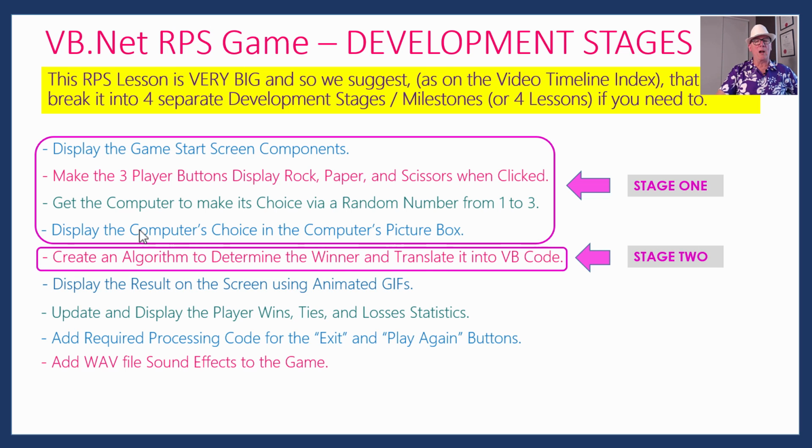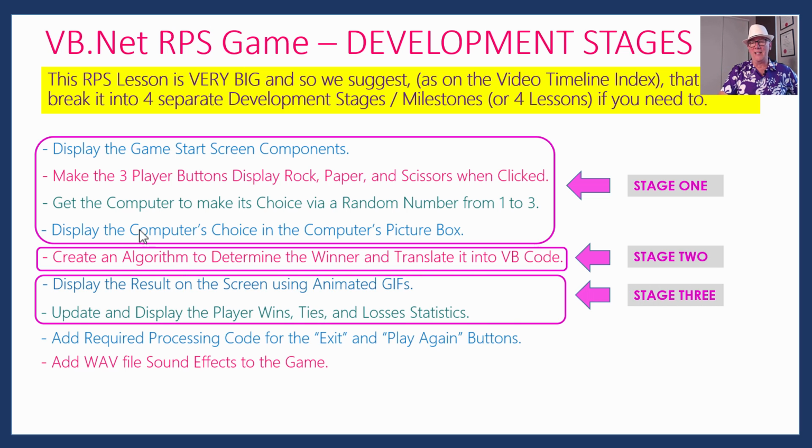Now the next part, creating that algorithm to determine the winner, that's actually quite an involved process, because there's a lot of decision making, a lot of if-else in it to get it developed and working properly. So you could do that as a whole lesson on its own. So that's the next lesson, part 2 or lesson 2. Then for lesson 3 or stage 3, work on the animated GIFs and getting the statistics updated about the wins, tries and losses.